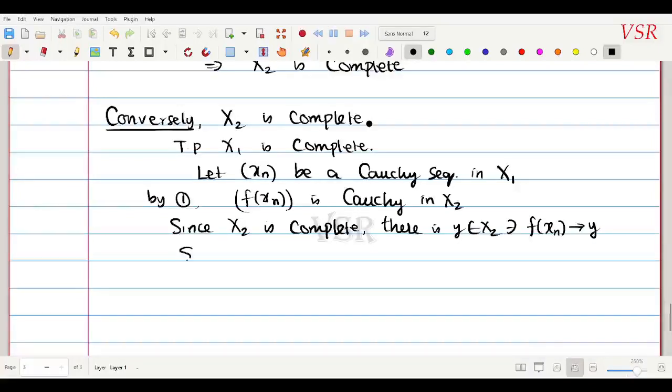Since f is onto ஆக இருக்கிறதுனால, there is x naught belongs to capital X1 such that f of x naught is equal to y naught. அவ்வளவுதான். இந்த x naught என்ன கிடைச்சது? அப்போ நான் xn converges to இதுதான் சொல்ல போறேன்.